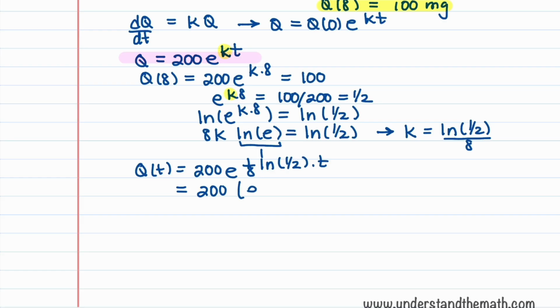I'm going to write this as e to the natural log 1/2 times t over 8. And then we know that e to the natural log of 1/2 is just 1/2. So this is 200 times 1/2 to the t over 8. And that is our expression for the mass that remains after t days.